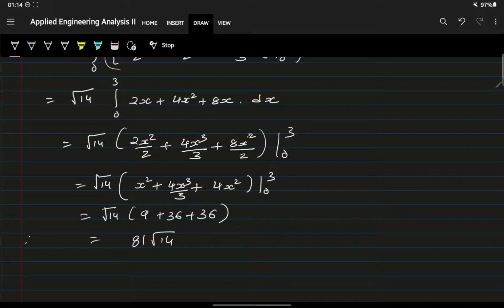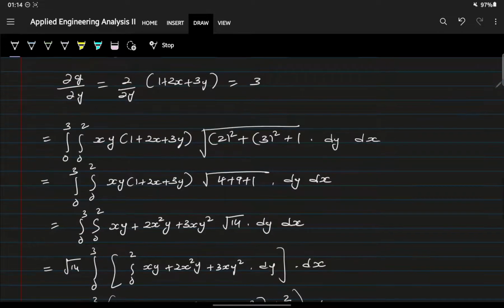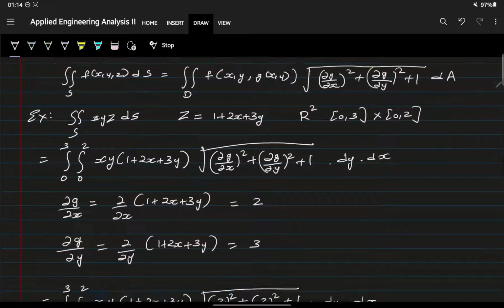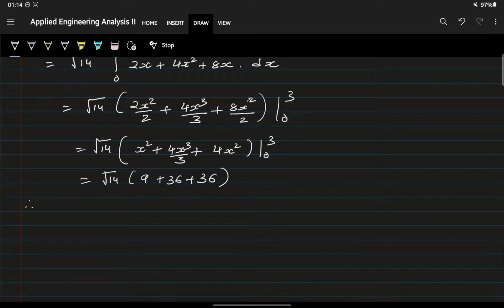Therefore, our surface integral of xyz dS is 81 times root 14.